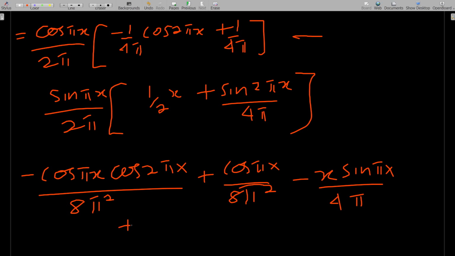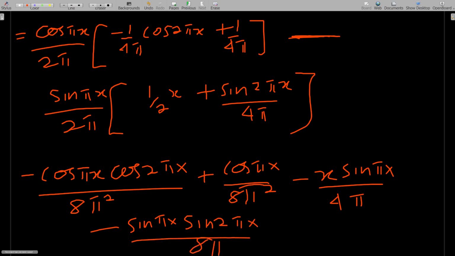There's a minus here, and it's affecting everything here, so there's another minus as well. So here should be minus. So minus sine pi x sine 2 pi x all over 8 pi squared.